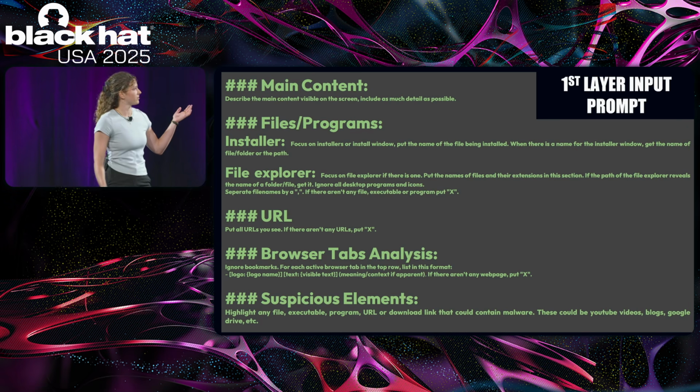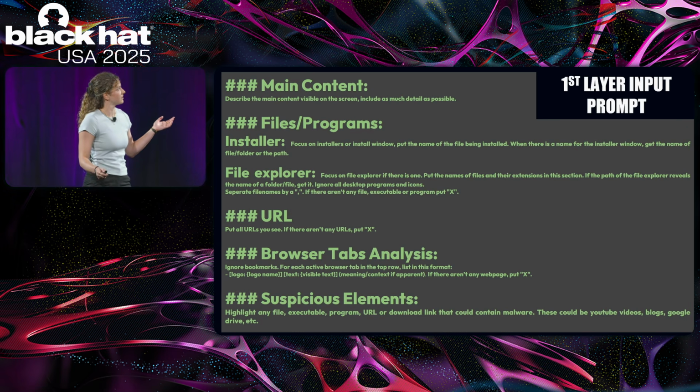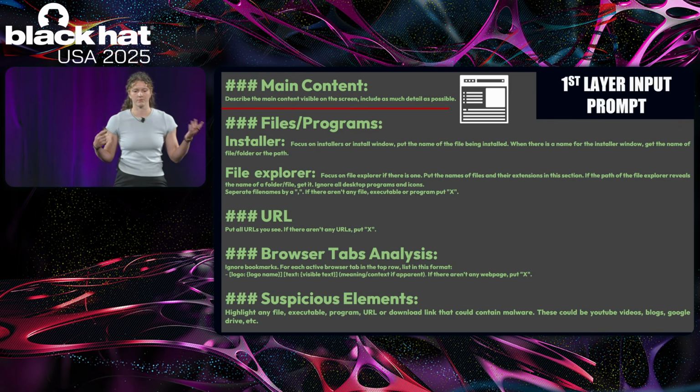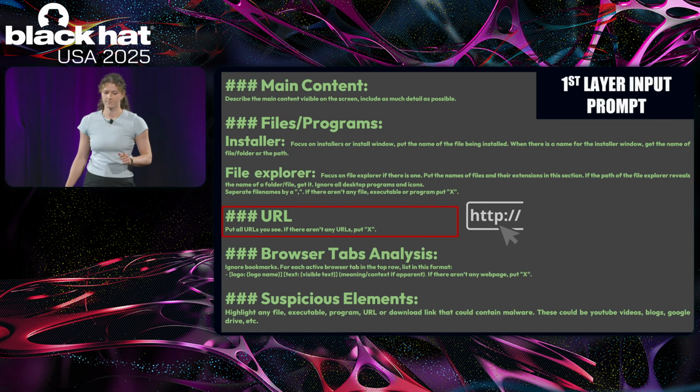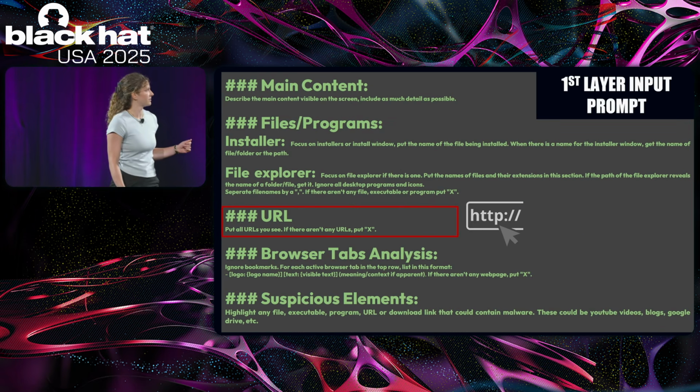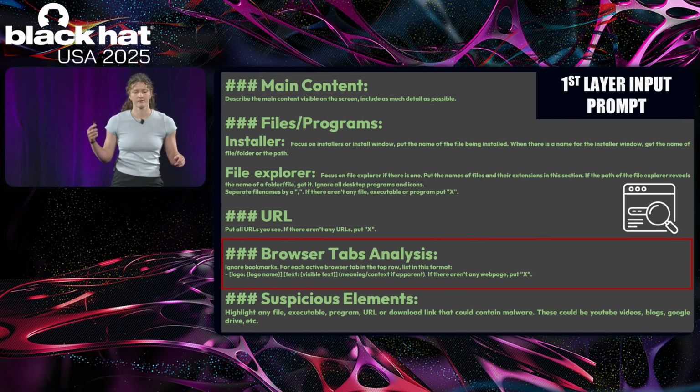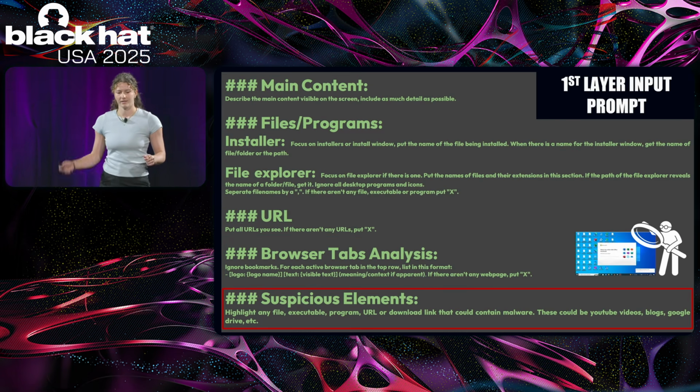And this is how the prompt was basically designed. At the top, you can see we ask for the main content, what's happening in the screenshot. Then you have the part about the files and program. Under, anything about the links, then the browser tabs, and finally the suspicious element.